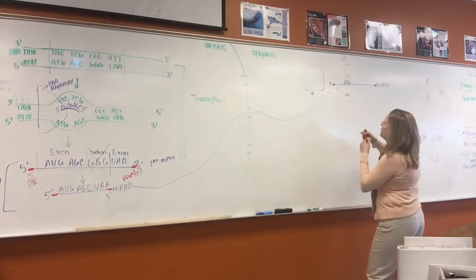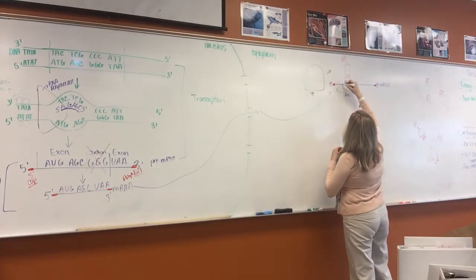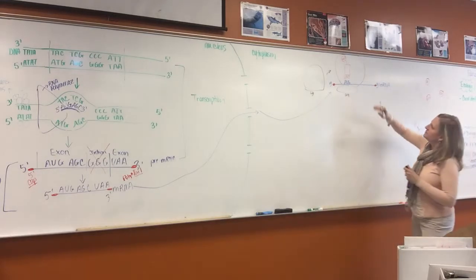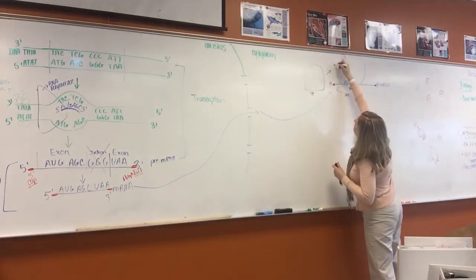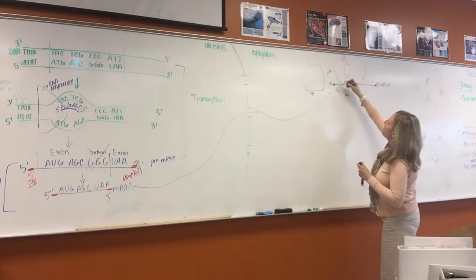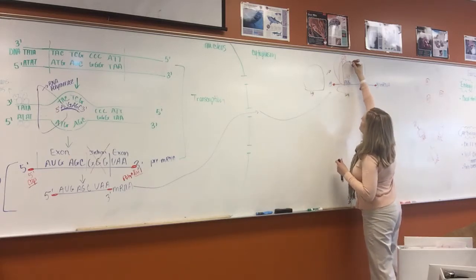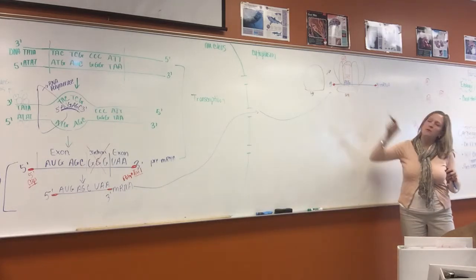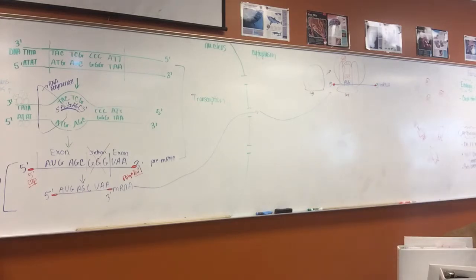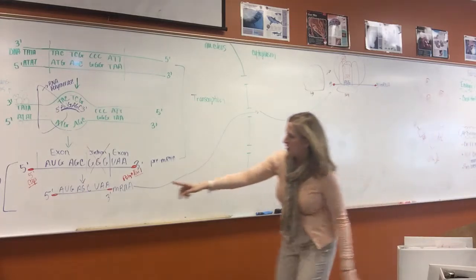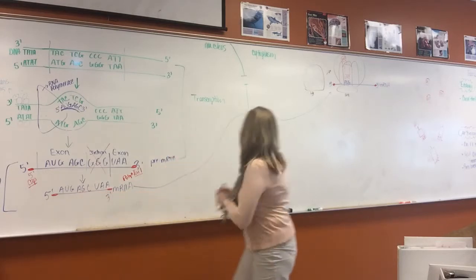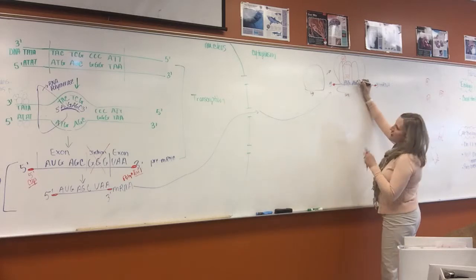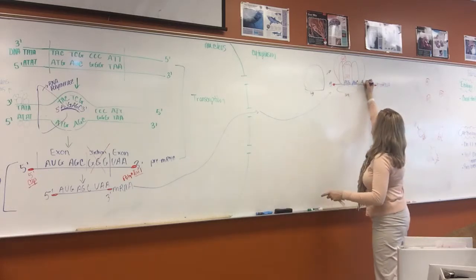Now in comes our large subunit. So now our large subunit binds. And remember that there are 3 binding sites, E, P, A. Our first amino acid is in that middle binding site, which means our next codon, AGC, is now in the spot for the A site, and the third codon is hanging out over here.